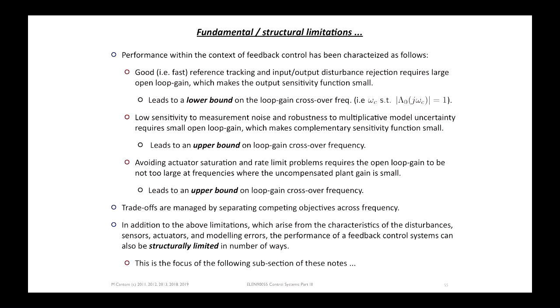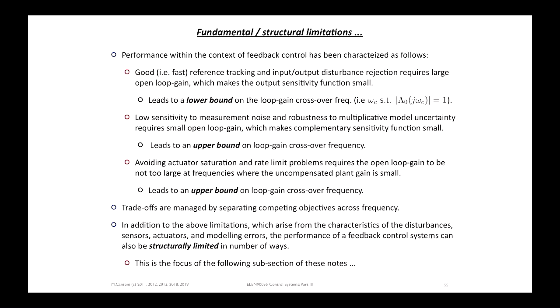But as we were discussing last time, control system design is about balancing off competing objectives. We've looked at performance in terms of reference tracking and disturbance rejection, and we've seen that that typically leads to a lower bound on the crossover frequency.